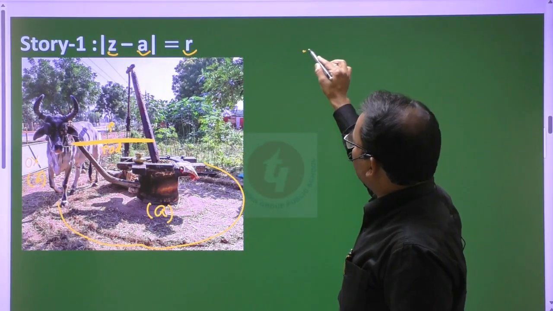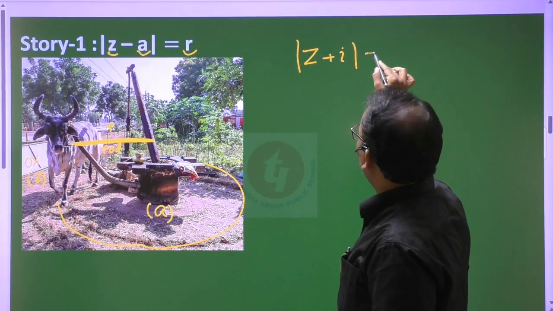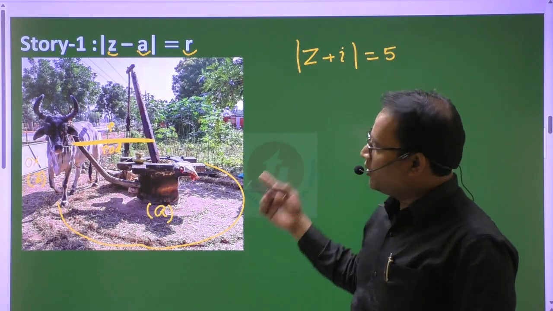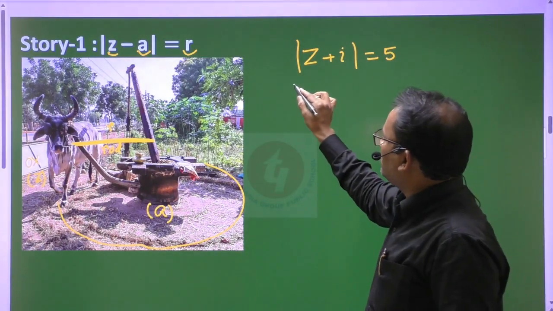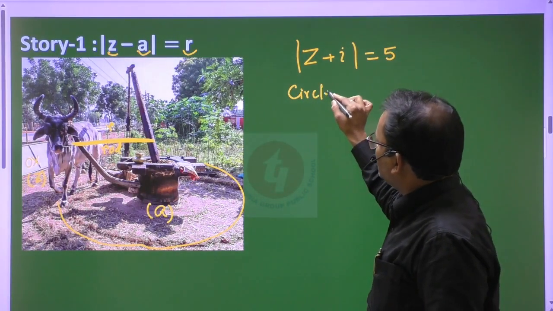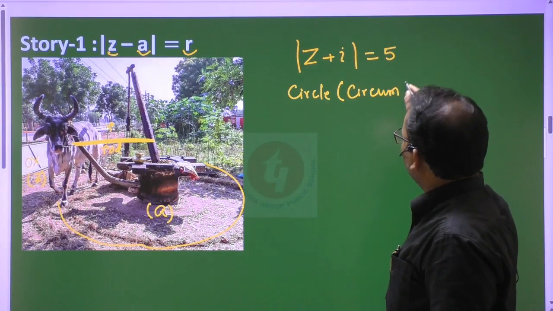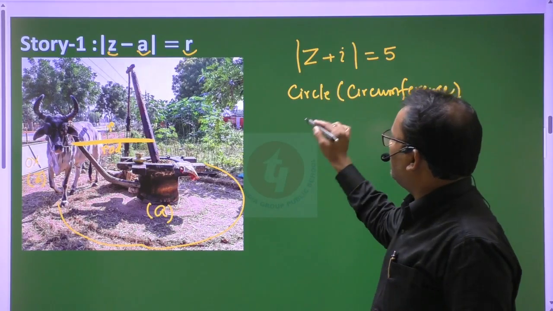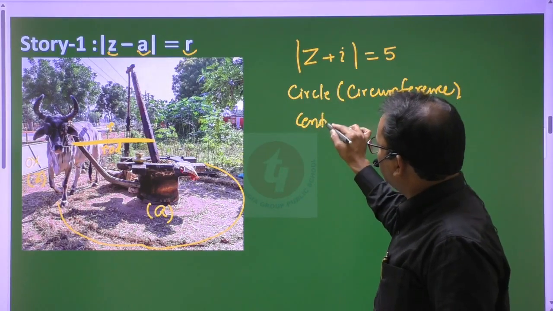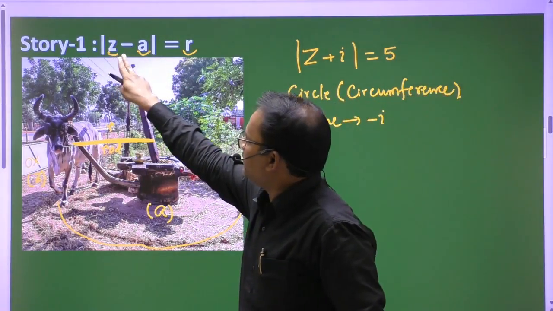So if I give you one example, suppose mod of z plus iota is equal to 5. I am asking you, what does it geometrically mean? So you have to say that it represents the circle. Circle means here only the circumference, and the center of the circle is minus iota, because your formula is z minus a.